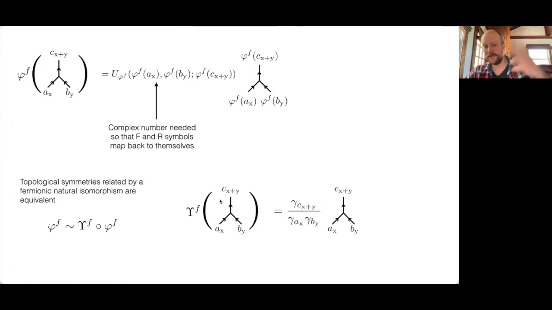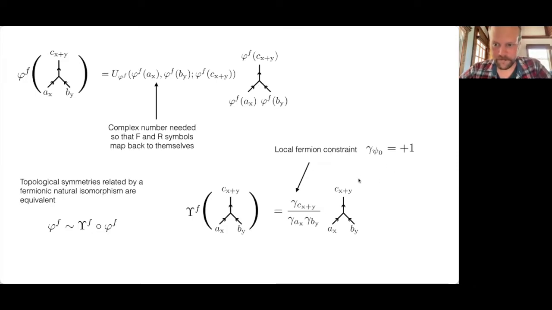It doesn't permute any of the anyons, and all it does is multiply a diagram by complex phases, which are labeled by the external legs of the diagram. Now, for it to be a fermionic natural isomorphism, it has to satisfy a local fermion constraint, that gamma psi is +1.